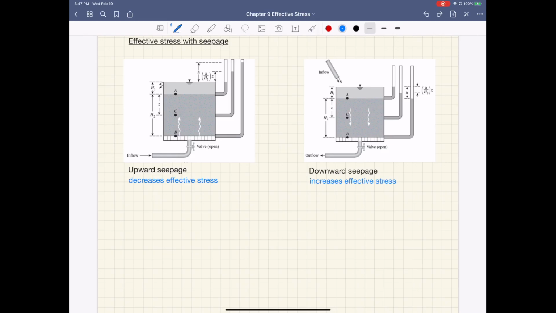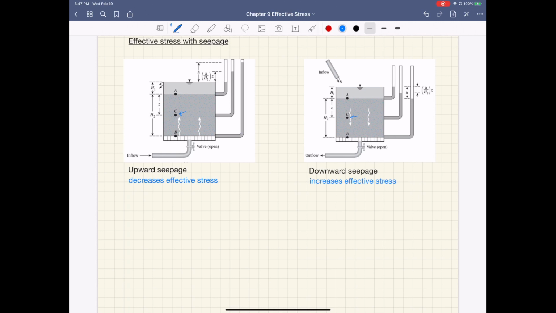To understand why seepage changes effective stress, I'm going to show the total stress, pore pressure, and effective stress of a particular point C in the soil mass where water is seeping through. So we have this point C here. Start with the upward case.